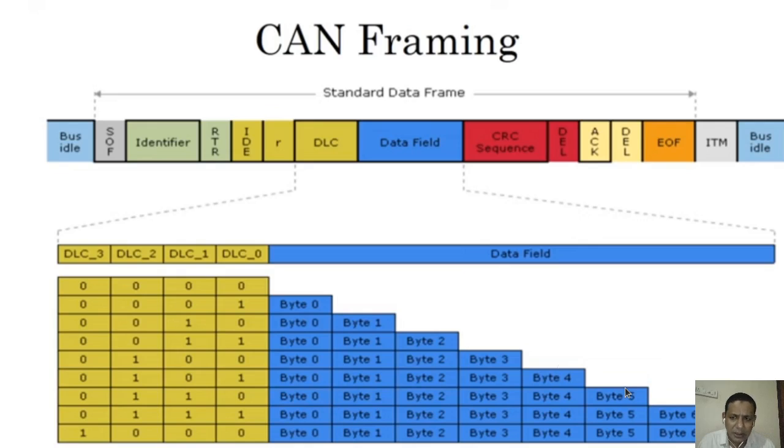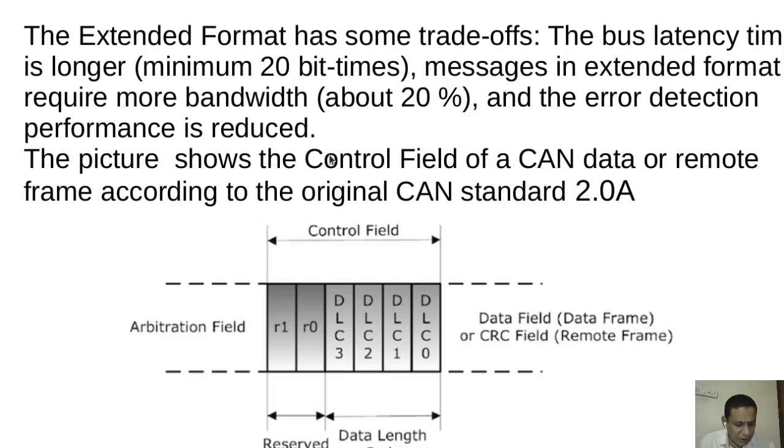This is the identifier, then RTR and IDE that we will see later, then the DLC, then the data field. DLC stands for data length code. If the data is 8 bytes, it will be 1 0 0 0. If it is 7 bytes, it is 0 1 1 1, like that.